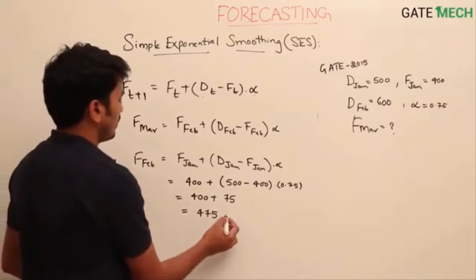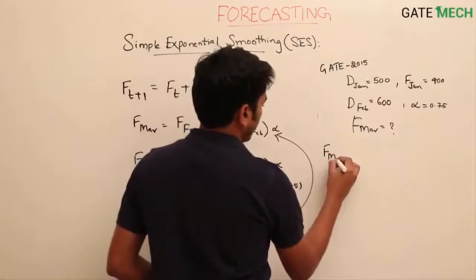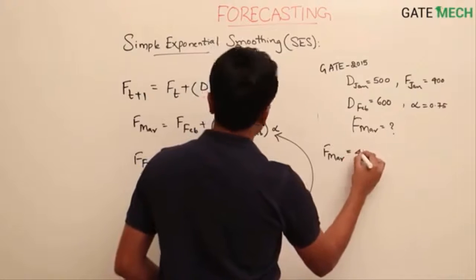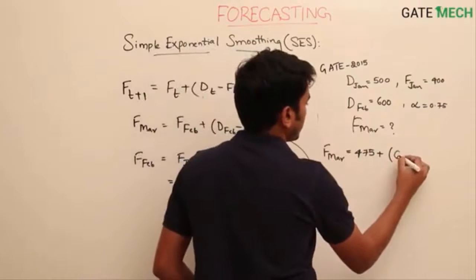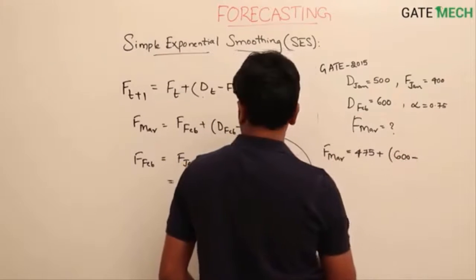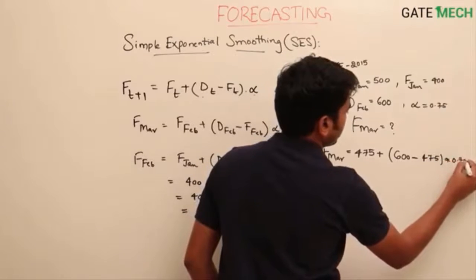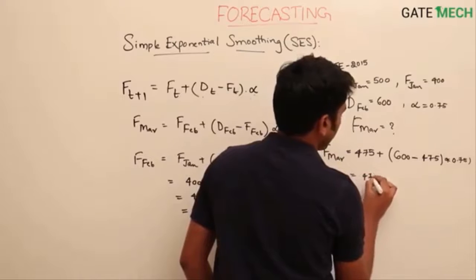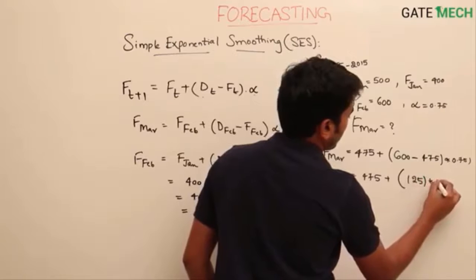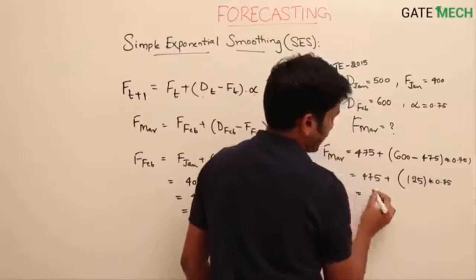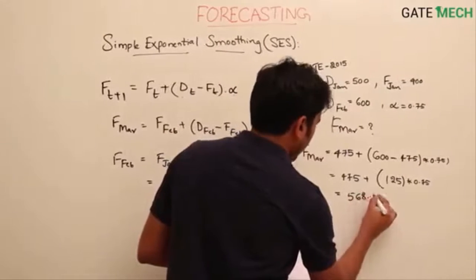Now using this we can calculate the forecast for March, that is 475 plus the demand for February, that is 600, minus the forecast for February, 475, into 0.75. This is 475 plus 125 into 0.75, and this comes to 568.75.